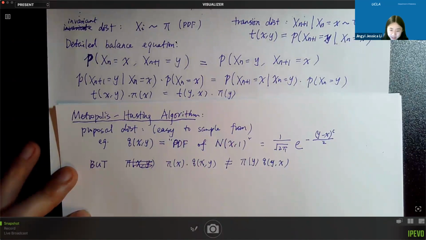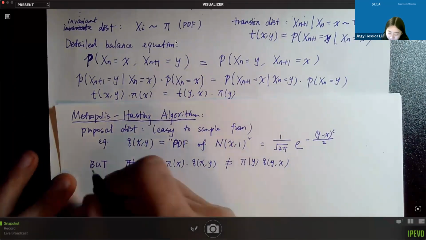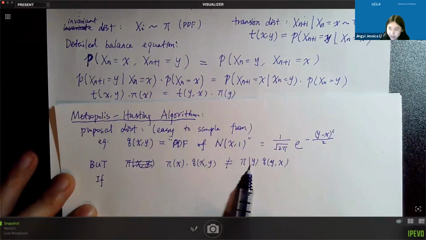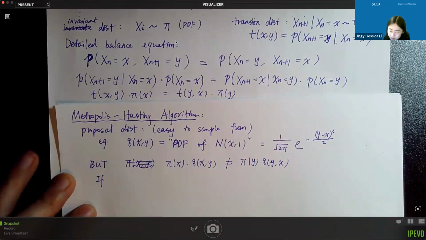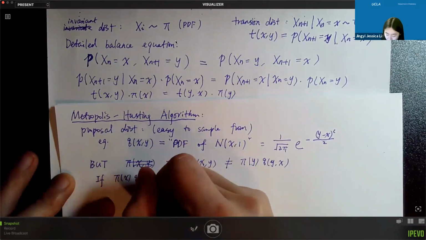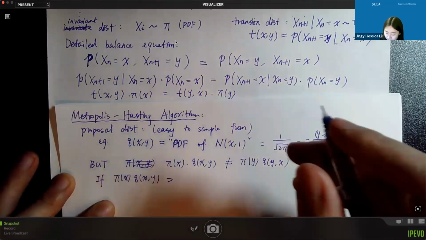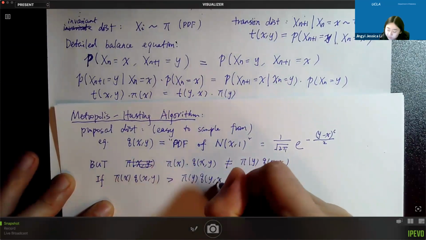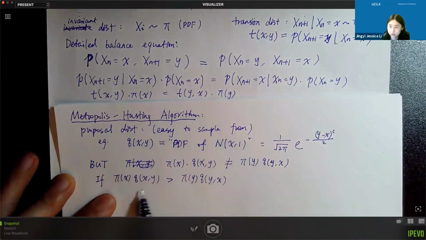Here, the Metropolis-Hastings algorithm says that whenever they're unequal, we must have one side bigger than the other. So we can simply assume that the left-hand side is bigger. If we have pi(x) times q(x, y) greater than pi(y) times q(y, x), how can you make it balance?